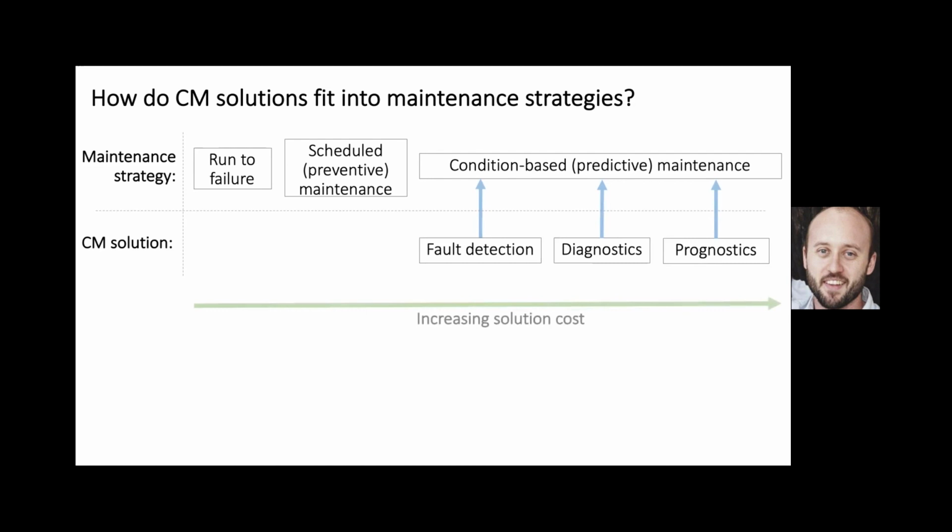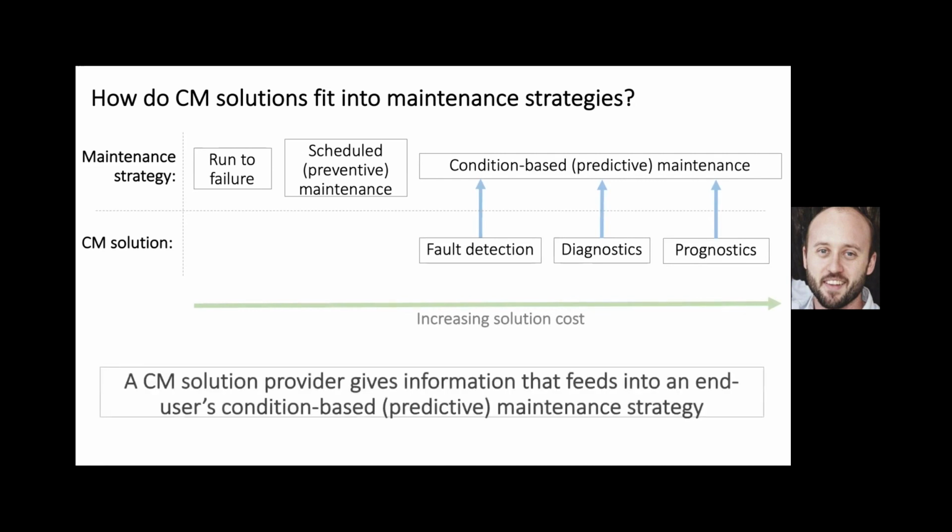Of course, as we go up this spectrum, as I mentioned, we are seeing increasing solution cost. So it's really important to understand how a condition monitoring solution is going to benefit the practice, the maintenance and operation strategies to see what that ROI actually is and how we can actually save money by improving our maintenance strategy.